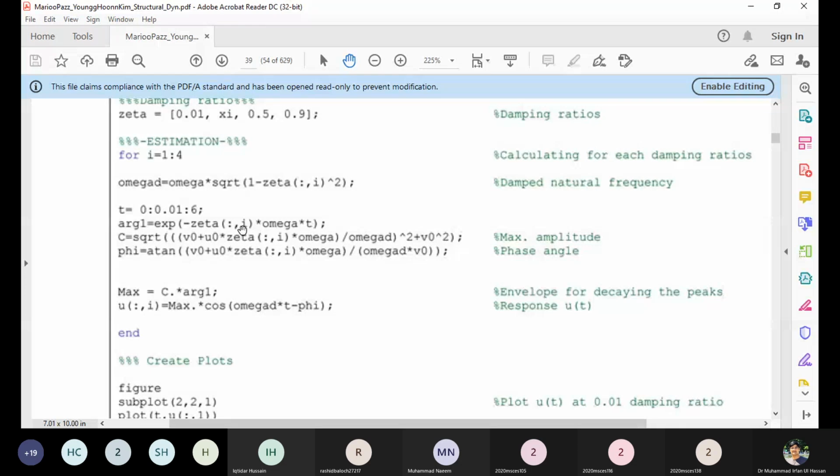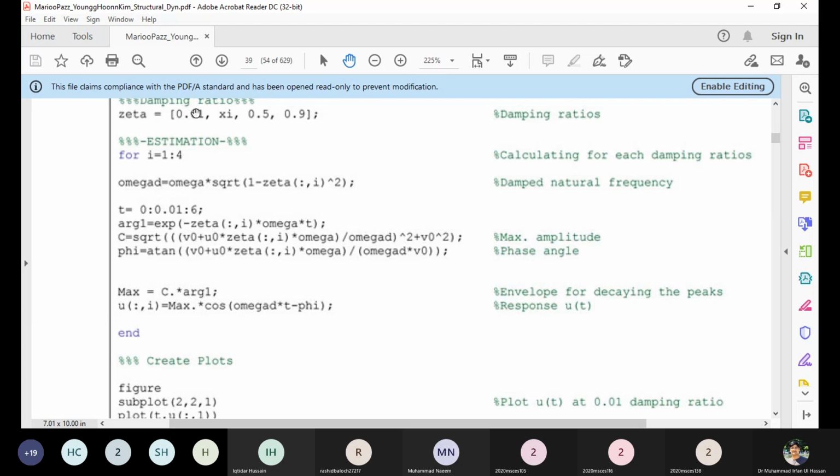And phi is the phase angle, that is the tangent inverse of v naught plus u naught zeta omega over omega d u naught. So now we have these values. From that we can pick the amplitude, and the amplitude multiplied by cosine of omega d t minus phi gives you the u value.